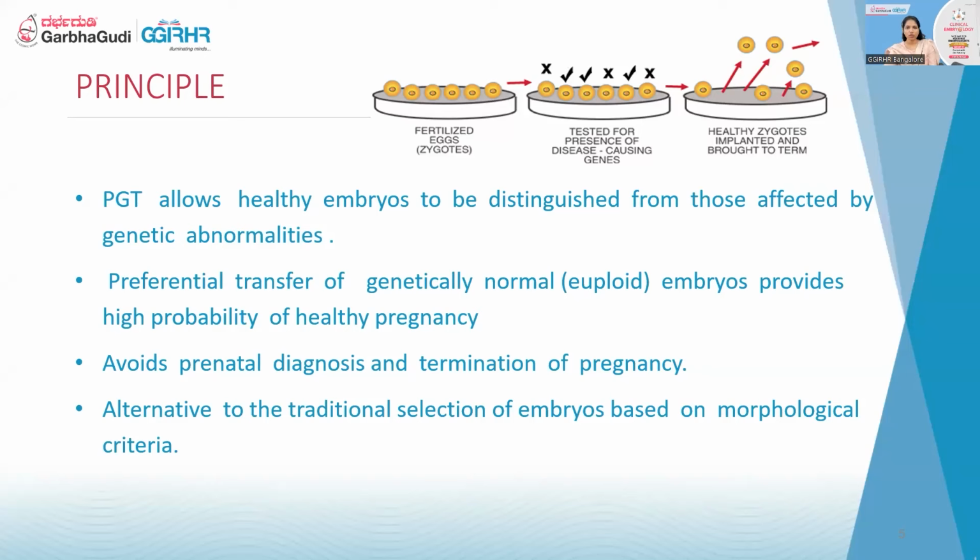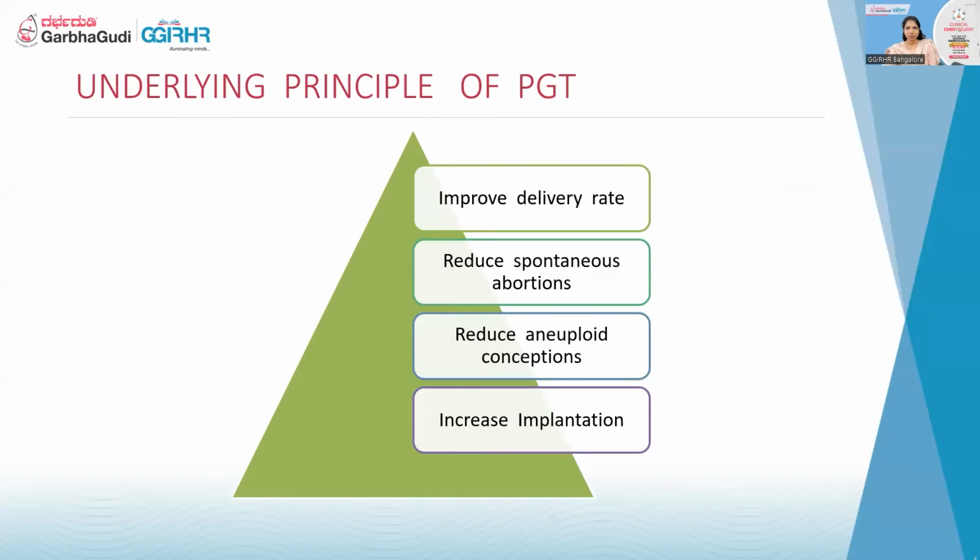Based on morphology, we select the good ones and the poorly progressing ones, and we implant the good ones in the uterus. But we cannot see whether it is a euploid or an aneuploid embryo. For this, we have to go for another test, additional genetic screening, which is what PGT is. So, the underlying principles of PGT.